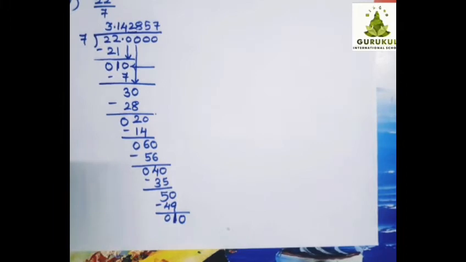Now in such a case, what are we supposed to do? In the previous example I told you, if one number is repeated, we are supposed to put one dot above that number. Write that number only one time and put the dot on the top. Correct.